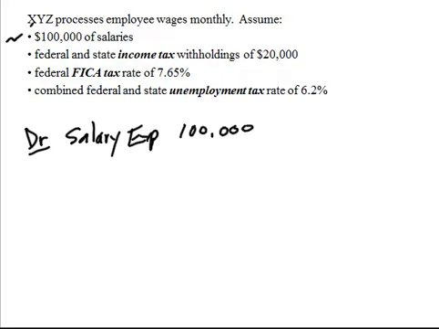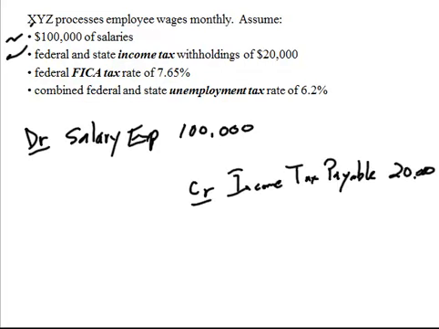The income tax withholdings we will credit to a liability account because the employer has an obligation to remit those taxes on the employee's behalf to the federal and state government. The FICA tax withholding we also will credit to a liability account.